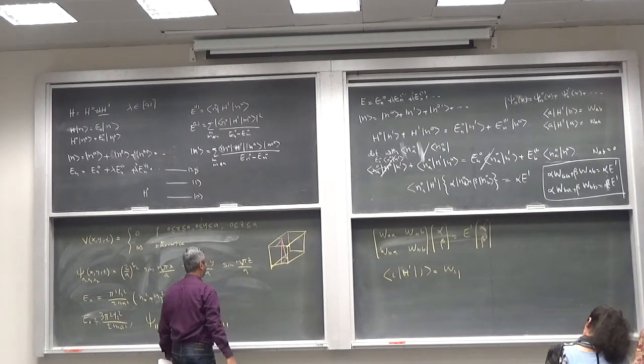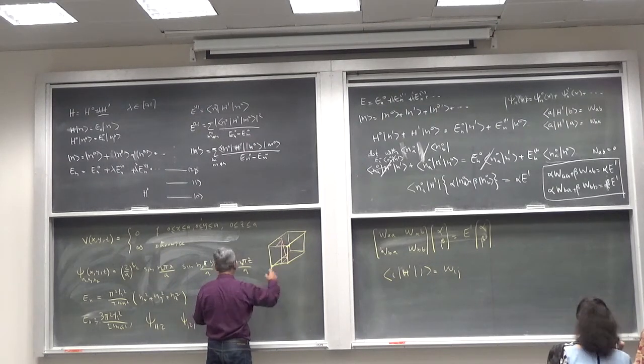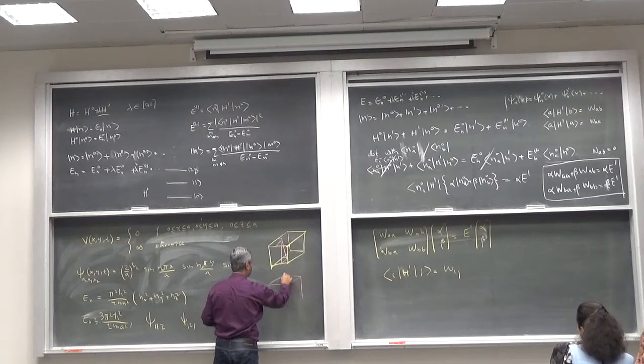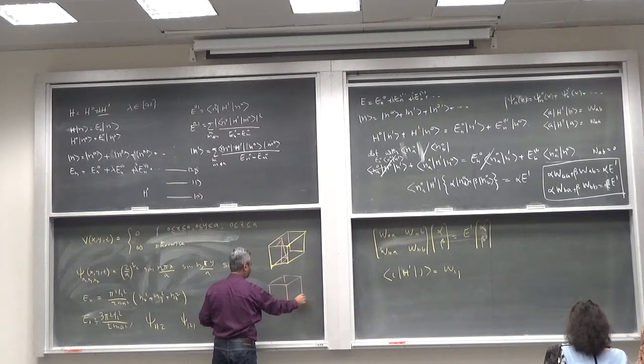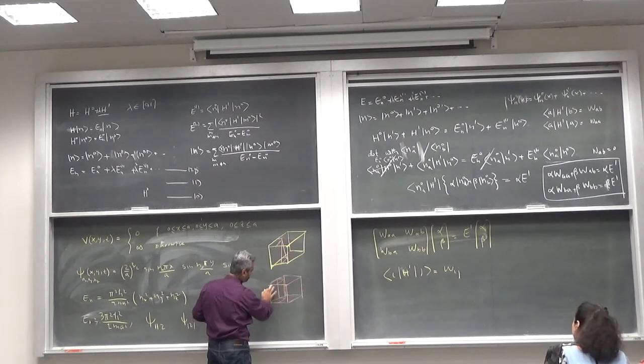I don't make the picture right, but you introduce a perturbation such that this part of the box, maybe if I try to make it right, let's do this, and then this part here, this part of the box, you make a slightly higher potential V0.